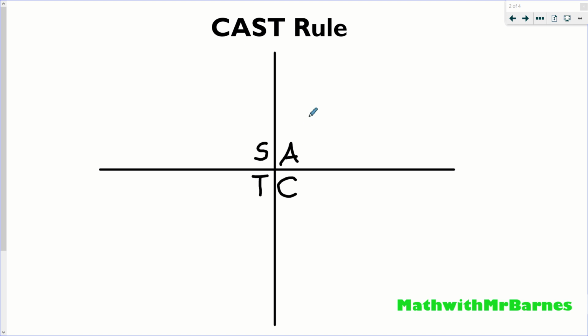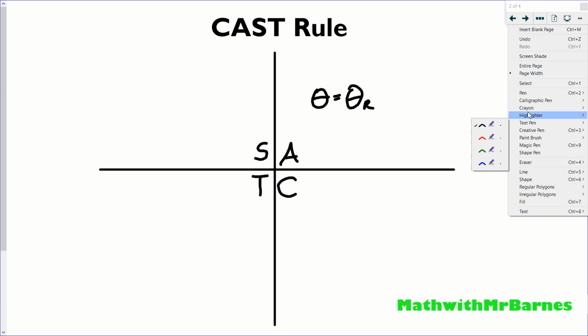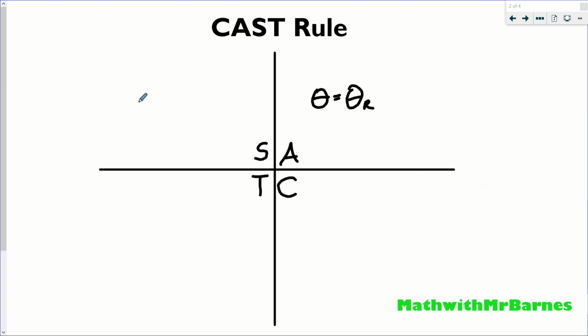Now, with the CAST rule, I always like to add in my rules for my reference angle as well. In quadrant 1, theta equals theta r, so whatever your reference angle is, it's going to be the same as your actual angle. In quadrant 2, theta is pi minus theta r.